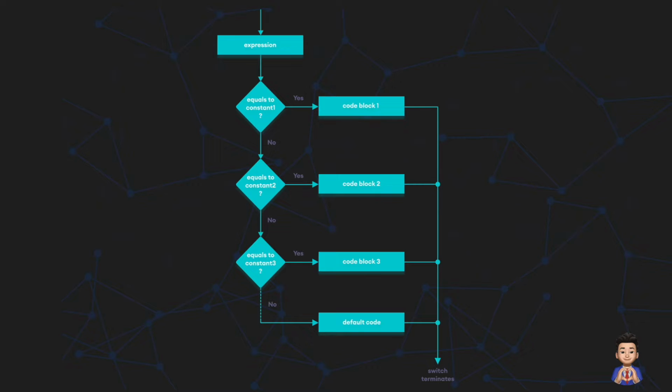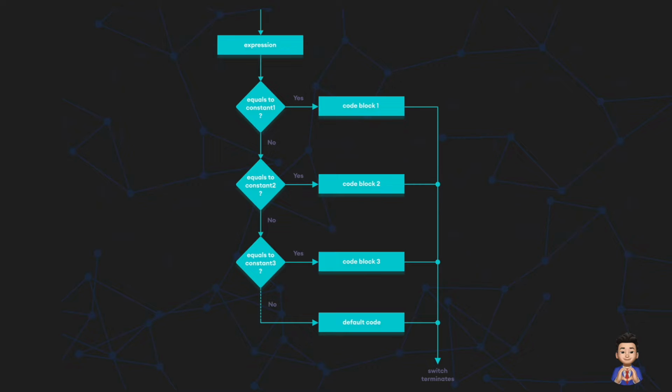If that particular expression matches a particular value, then it will perform a particular block of code. If the expression matches the constant, it goes yes to the first block, and if not, it goes to the no branch. It will check again, and if that matches, it goes to the second block. So it keeps on matching every case of the switch case.